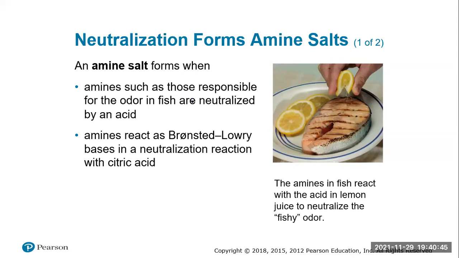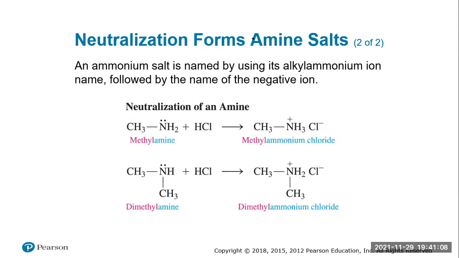It's basically an ionic compound, kind of similar to when we do an acid plus a base. We get water and a salt. Here we get an amine salt, because the base is starting out as an amine, which means we end up with a salt form of an amine. And remember, a salt form is really just a fancy word for an ionic compound.